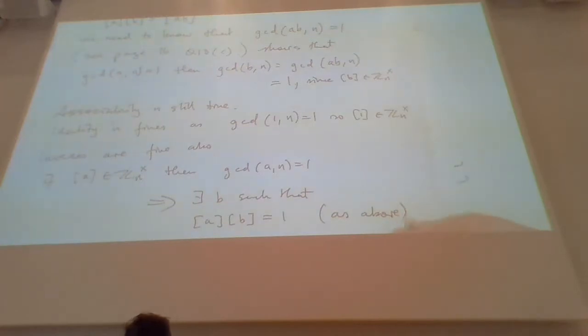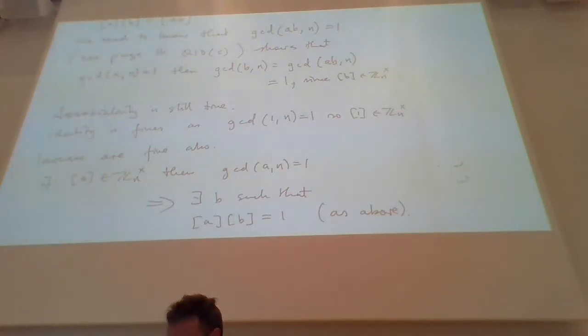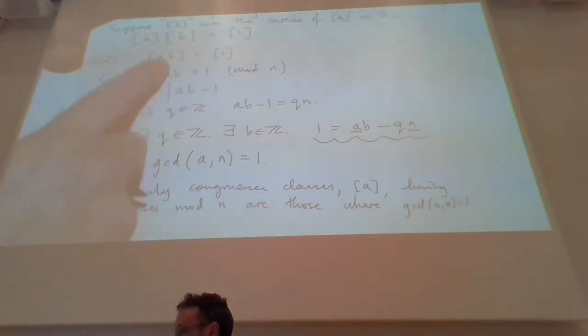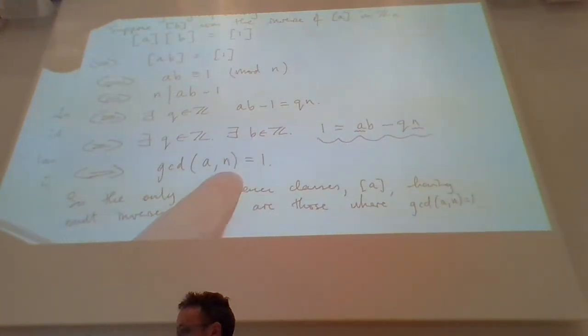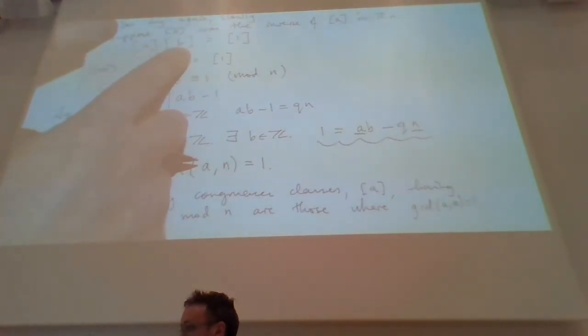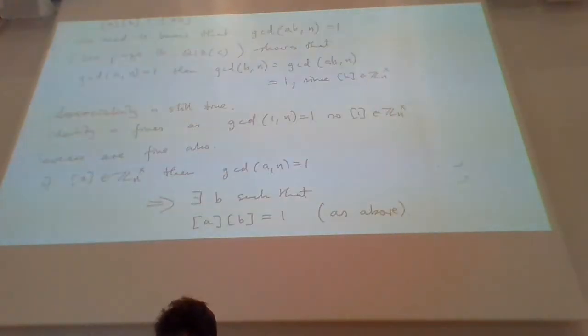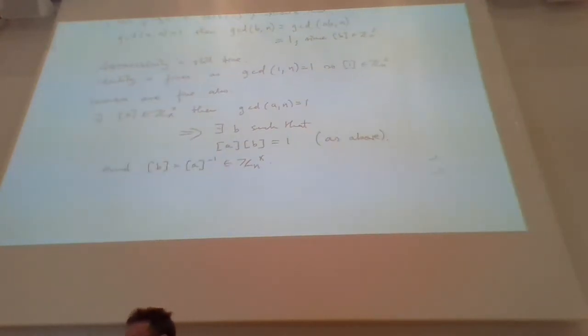Okay, we argued for that when we were doing this development here on the previous page. If the GCD of A and n is 1, that's the same as saying that there is an inverse B for A. And this new B, which is equal to the inverse of A, will be an element of Zn star, the reduced residue system. Okay. So this is a group now.